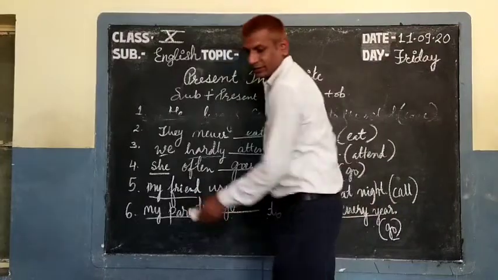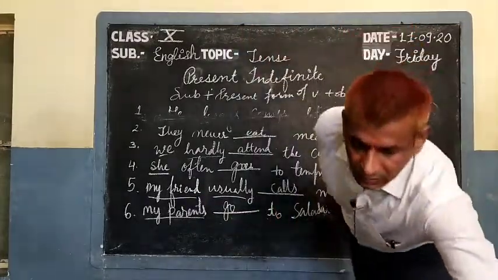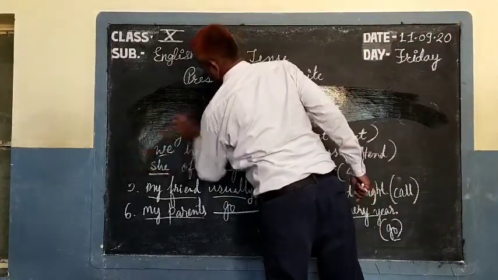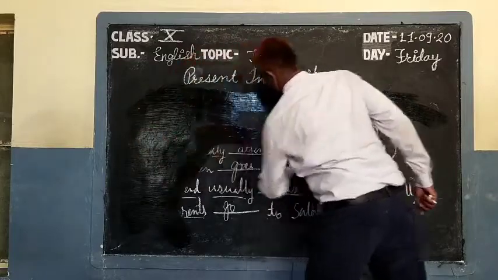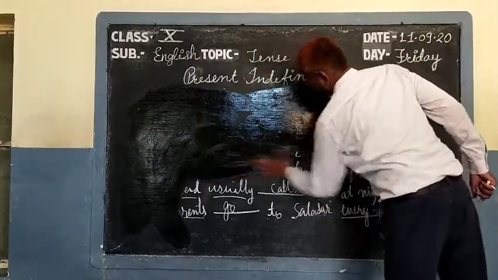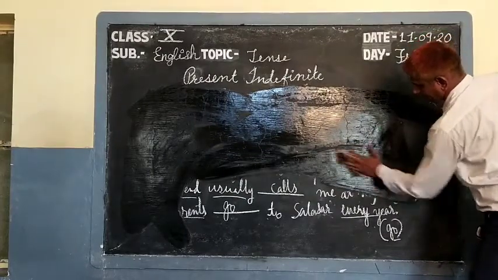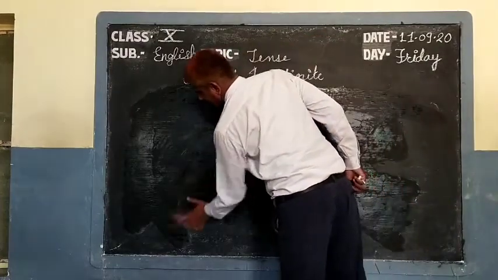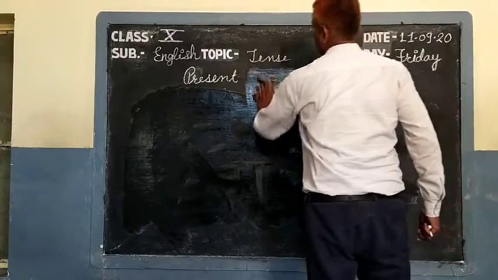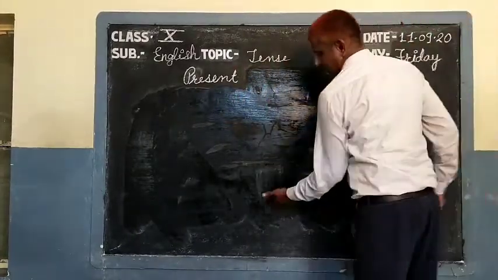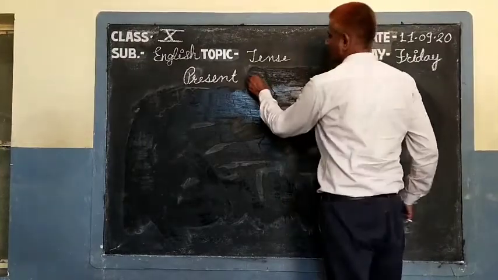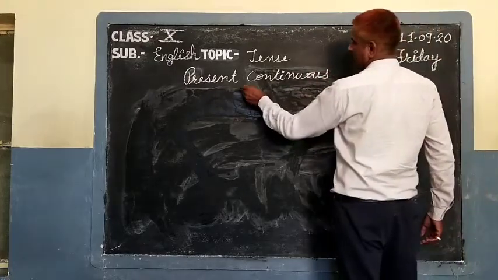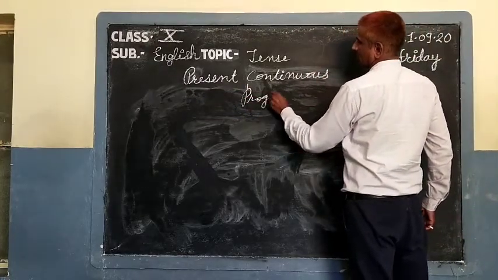Let's continue. Now I'm going towards the next tense, present continuous. I have finished here the exercise, and with the help of examples I made you understood. Present continuous, or you can call it progressive.